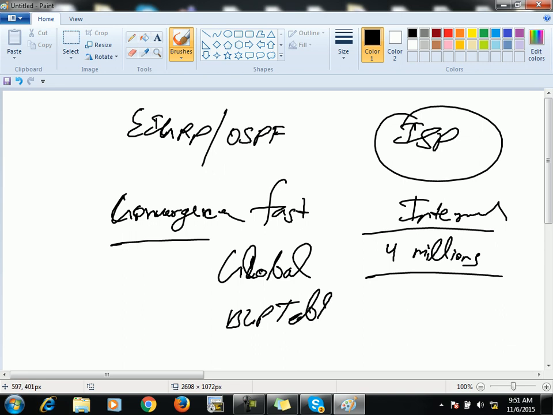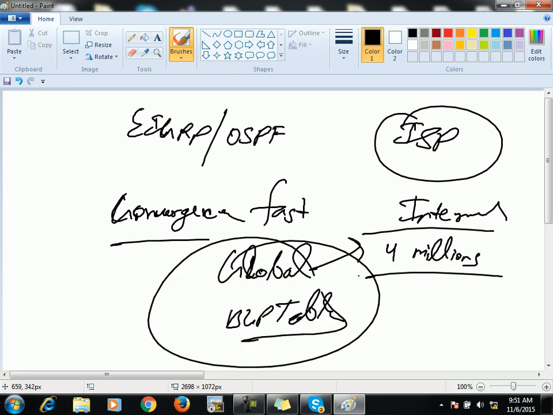So that many prefixes cannot be handled by any IGP in their routing table, right?